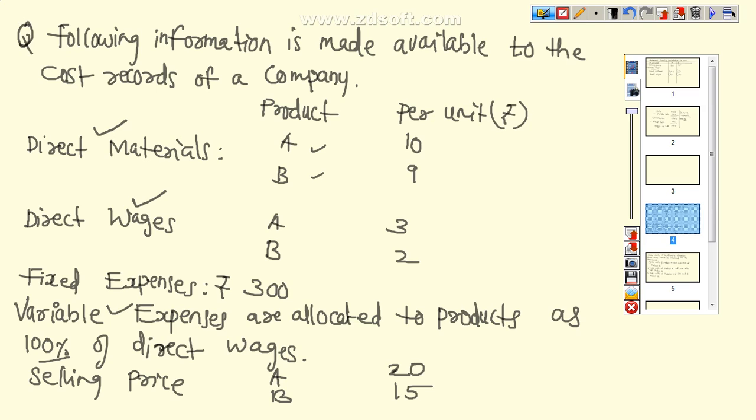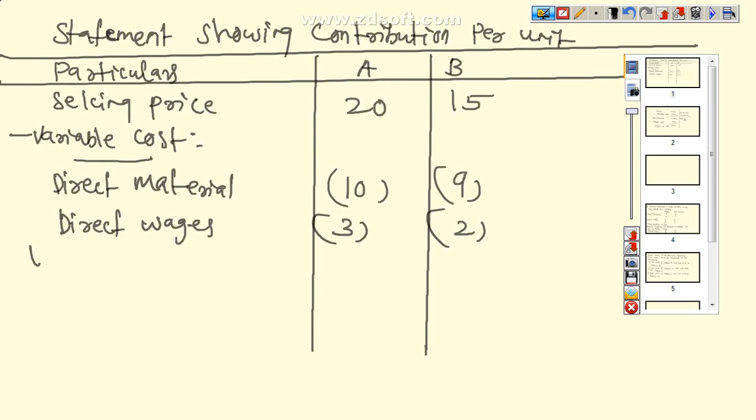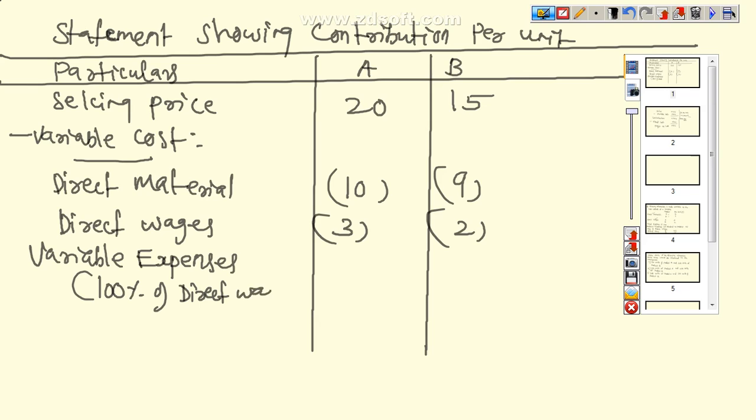Now we write it there, variable expenses, in brackets we can write 100% of direct wages. So according to the question, direct wages 3 and for B product it is 2.